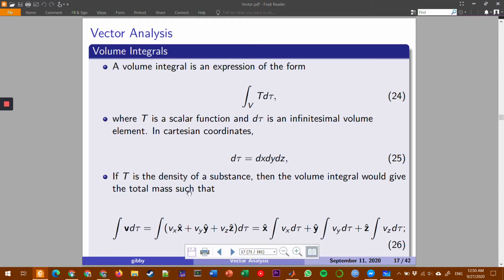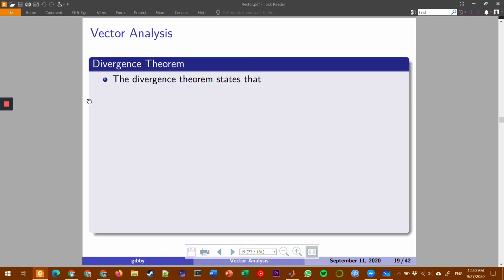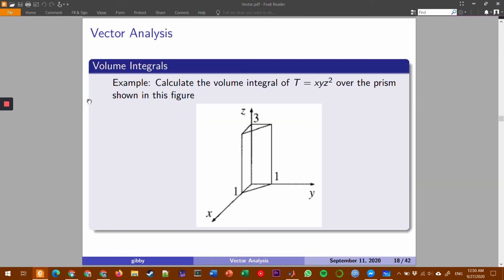Sometimes we encounter these volume integrals where it's a vector function, but most of the time this is a scalar function. Let's take a look at this example. We want to calculate the volume integral of this scalar function T equals xyz squared over the prism shown in this figure. Now let's solve this one.